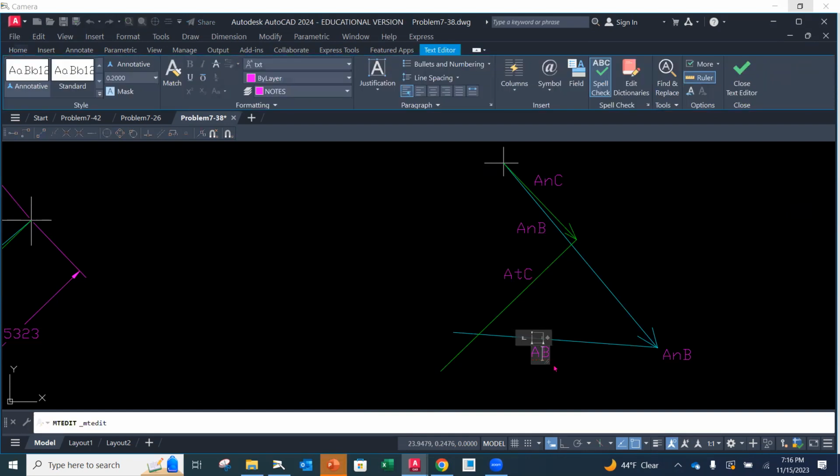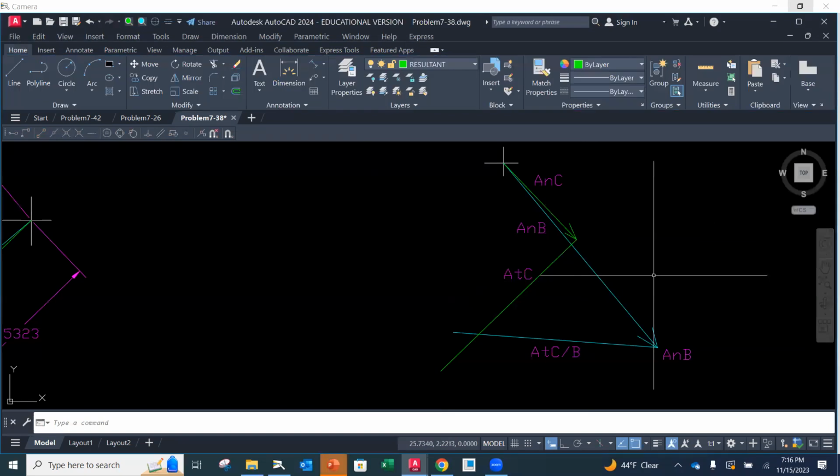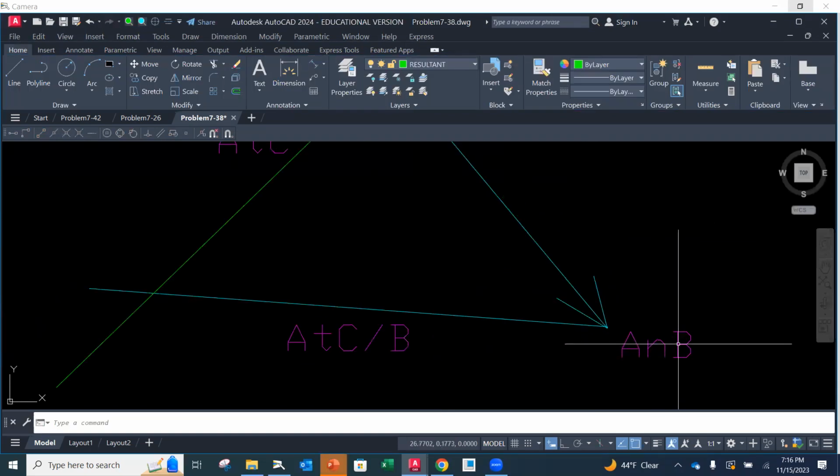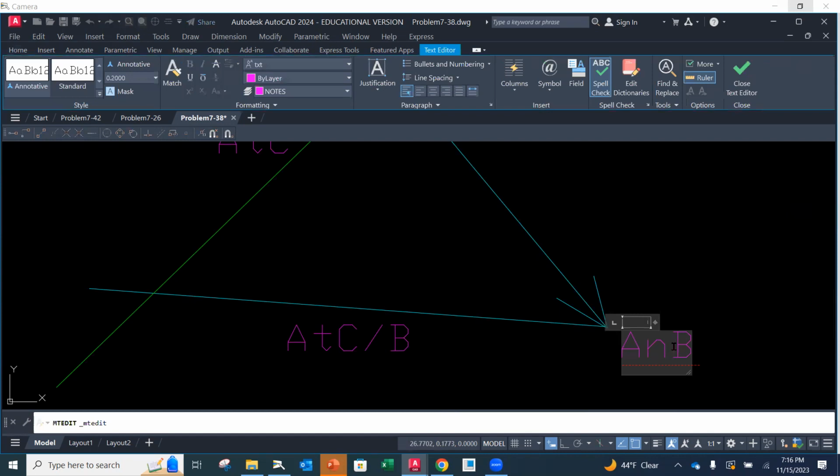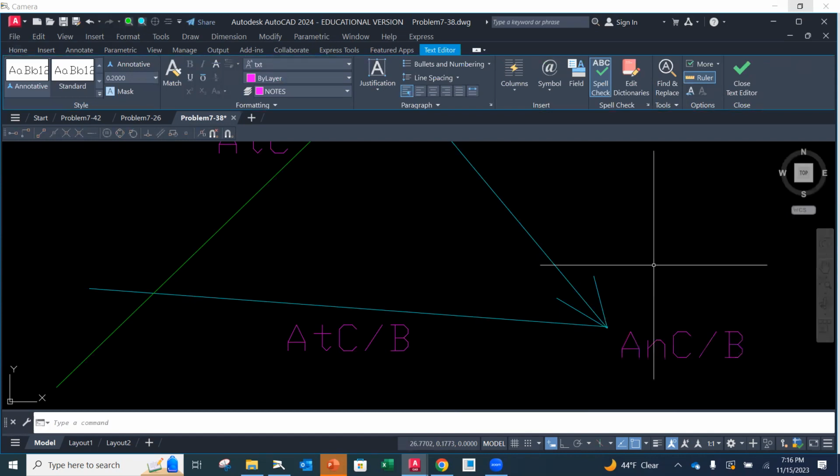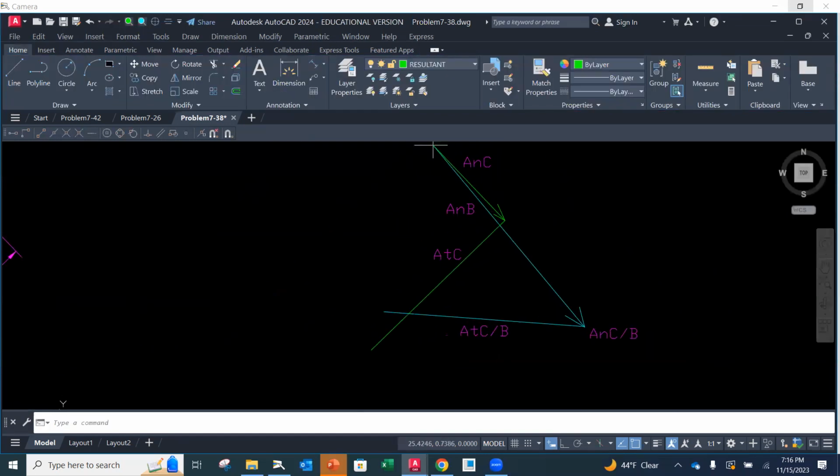This is the tangential of C relative to B. And this was the normal of C relative to B. Okay, that's the teeny tiny.